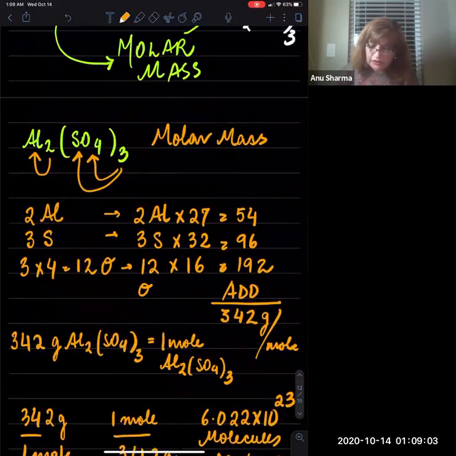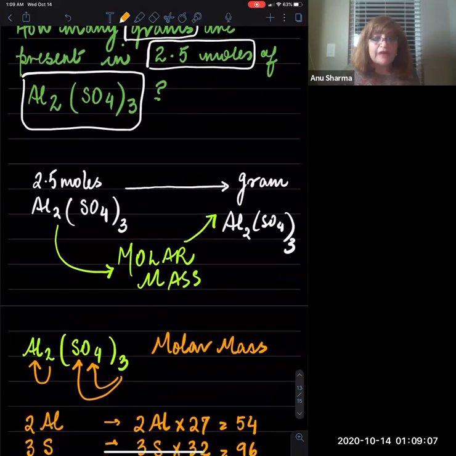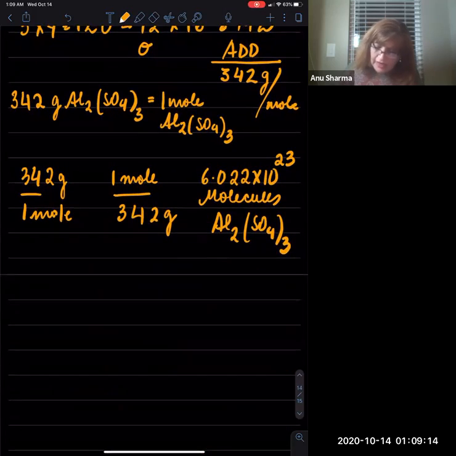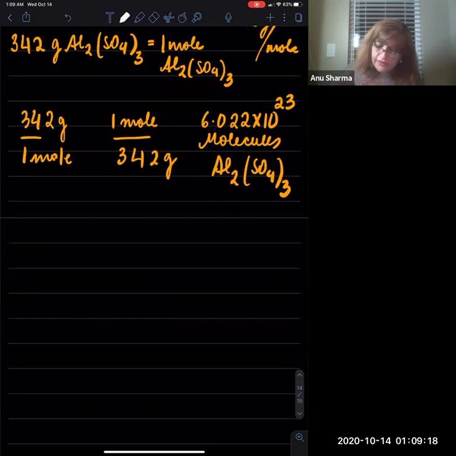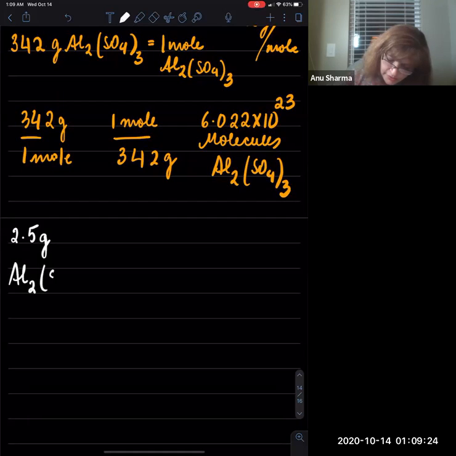But anyways, let's do this now. So we are given 2.5 moles and we need to convert it into the grams, right? So we are given 2.5 moles, convert to gram using the molar mass. So just write down this again. 2.5 moles of Al2SO4 whole thrice.